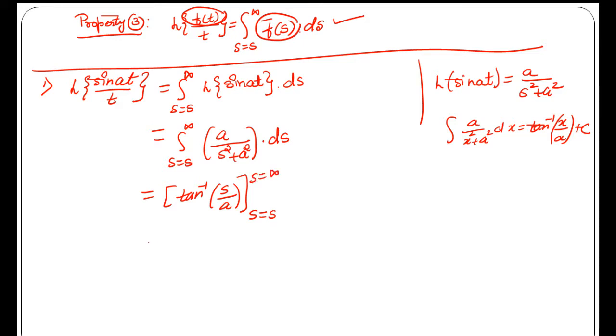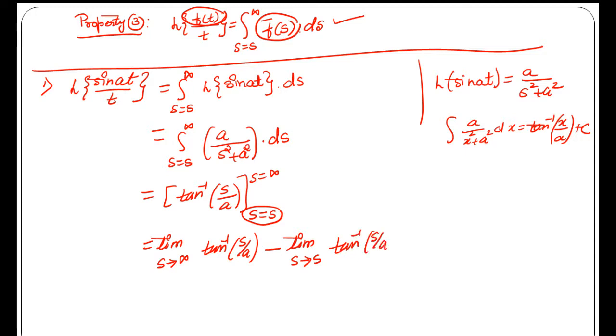So we will apply the upper limit first: limit s tends to infinity, tan inverse s by a, minus, we apply the lower limit, s equal to s, tan inverse s by a.